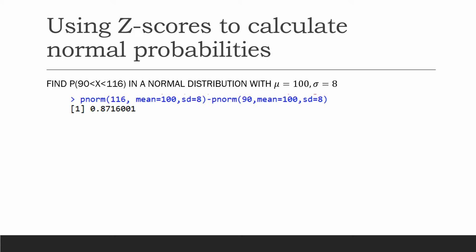So I can do this with the p-norm function. First, I take the probability that the random variable is less than 116. That's what that p-norm 116, comma, mean, standard deviation is giving me. Then I subtract off the probability that's less than 90 to get the probability that's in the middle. And I can see that that probability comes out to 0.87 approximately.